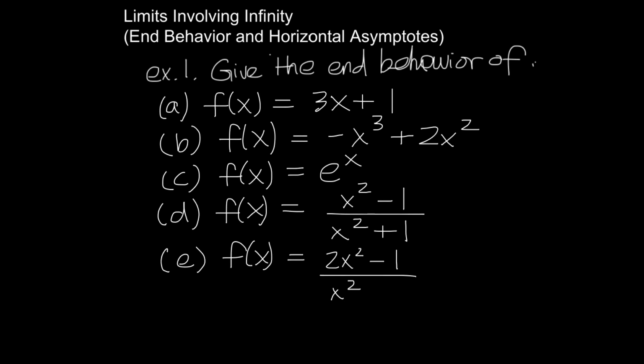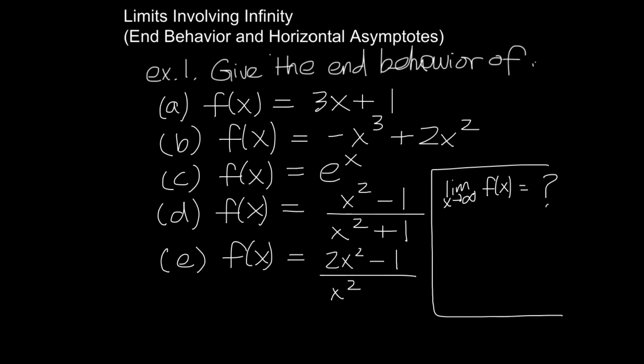So what do I want you to do for each of these? I want you to figure out the end behavior limits. Tell me what the limit as x approaches infinity is, and tell me what the limit as x approaches negative infinity is.